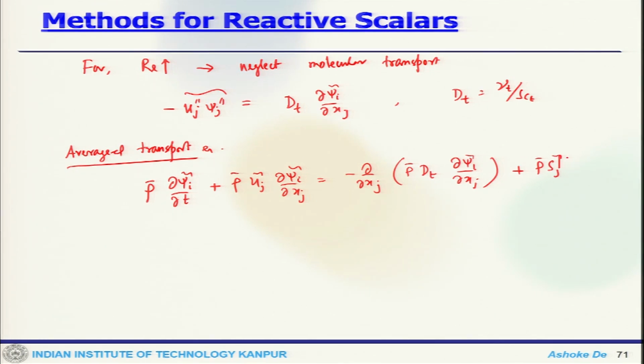So again, if you see this term, this is not closed. So this requires some closing. We need to approach it like turbulence models, with expressions for some mean values.